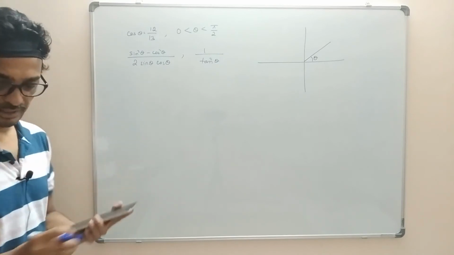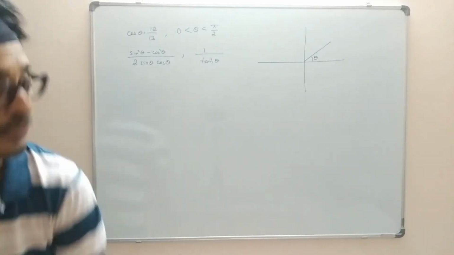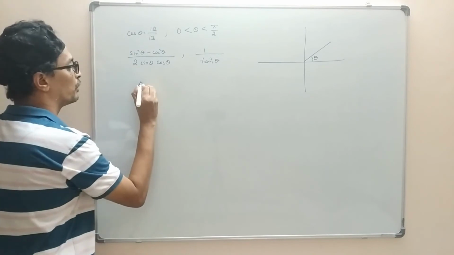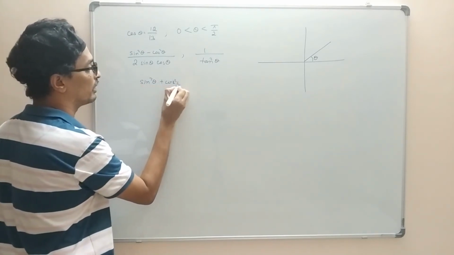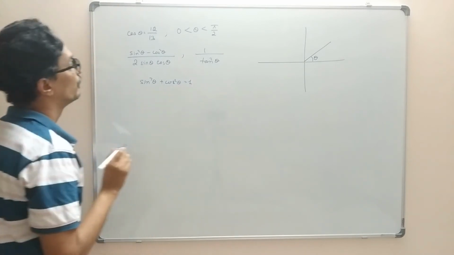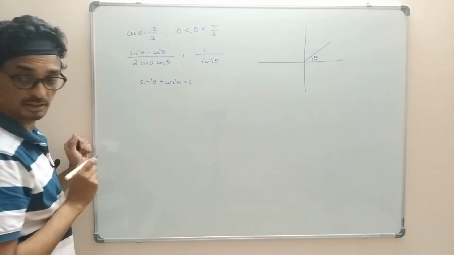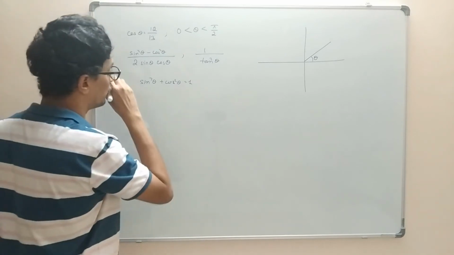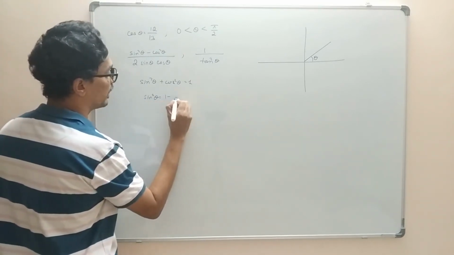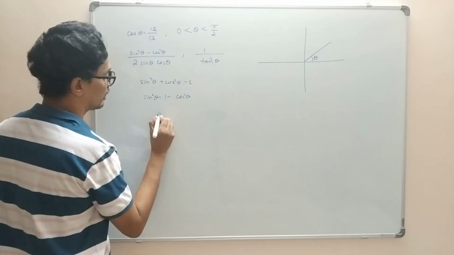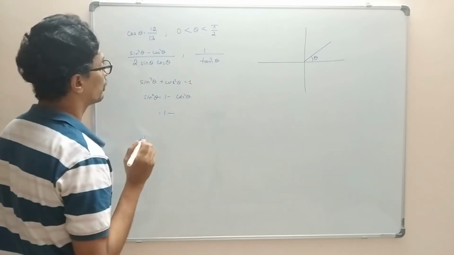We can get them from the identities. Let us use the identity. One identity is sin square theta plus cos square theta equal to 1. Cos theta is given here. Therefore sin square theta equal to 1 minus cos square theta, that's equal to 1 minus 12 square by 13 square.